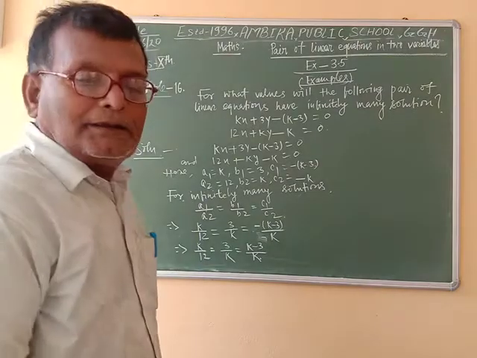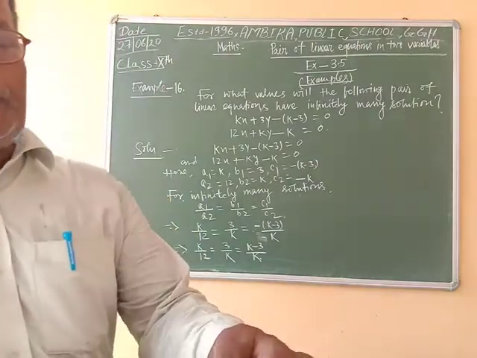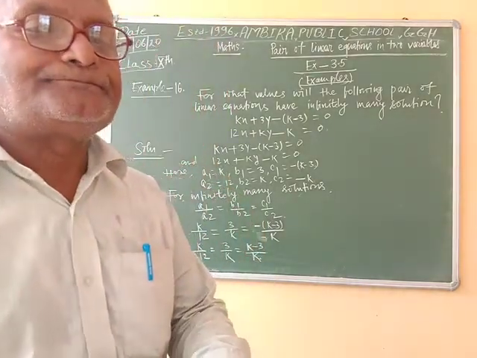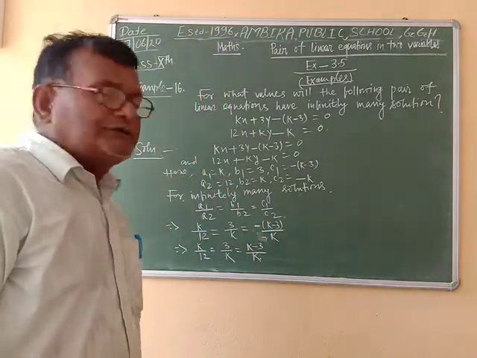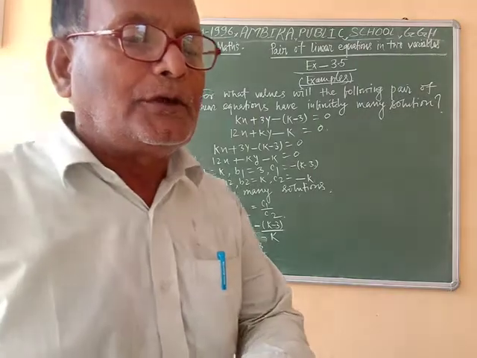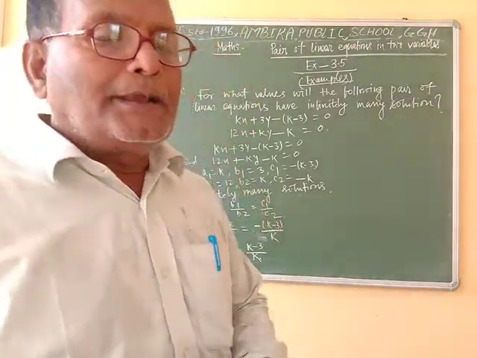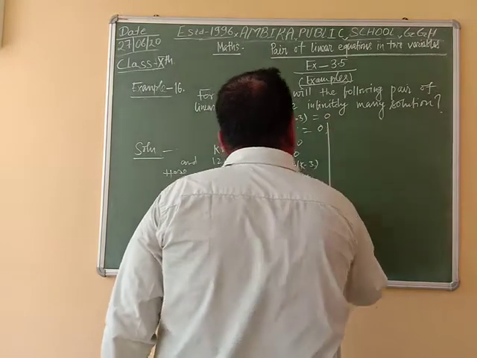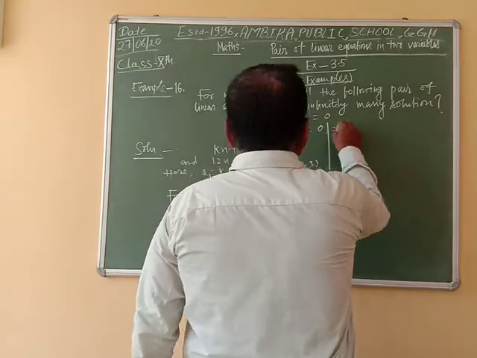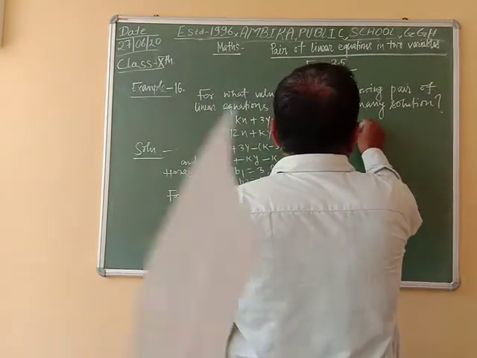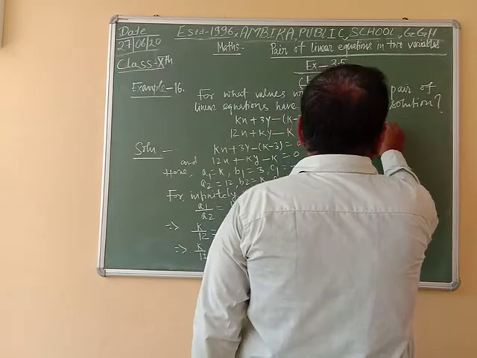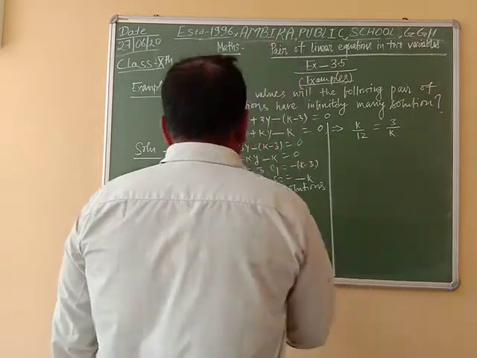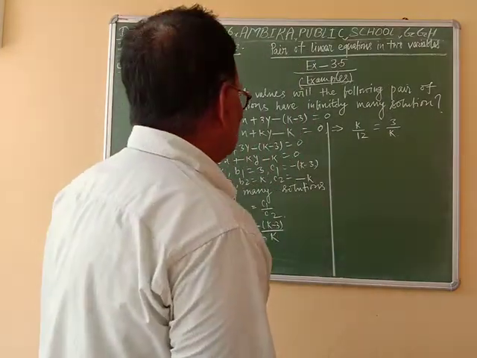Now taking two ratios, k by 12 is equal to 3 by k, because three ratios are equal.